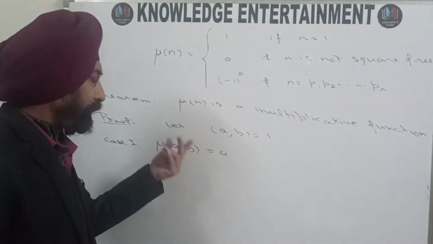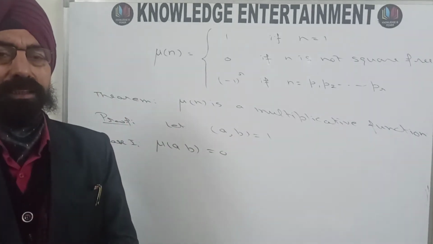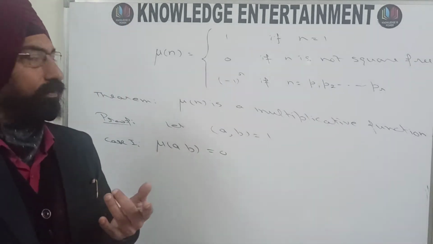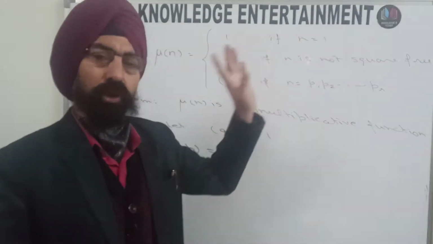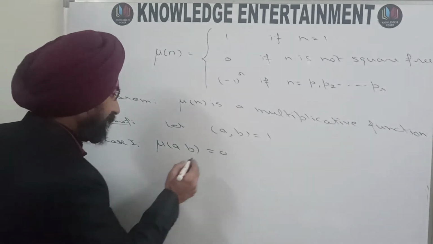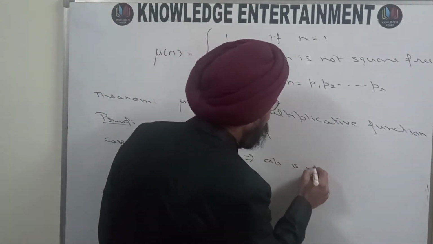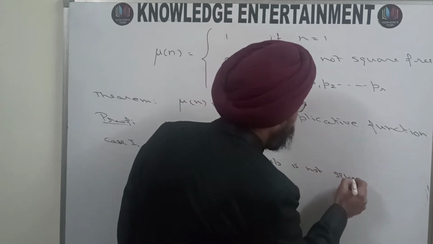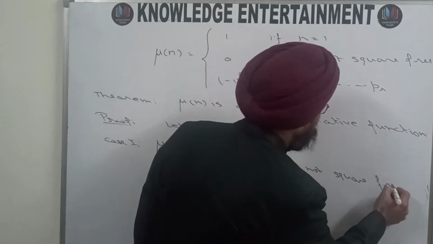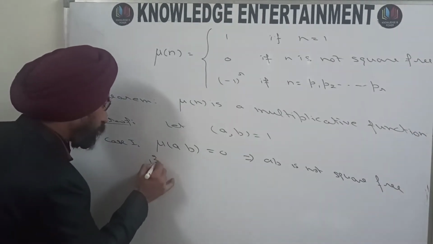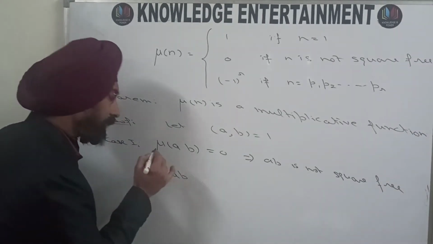That means AB is not square free, because it is 0 if and only if it is not square free. That means some p square, some prime square will divide AB.